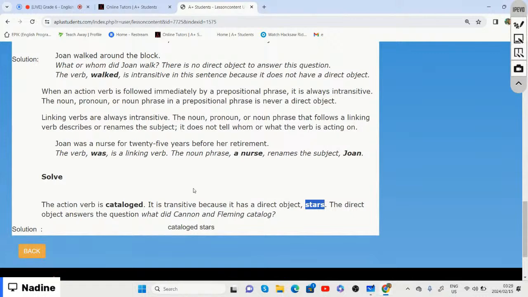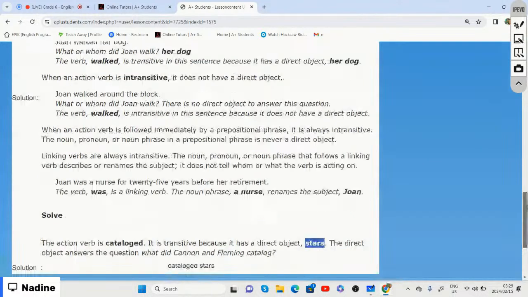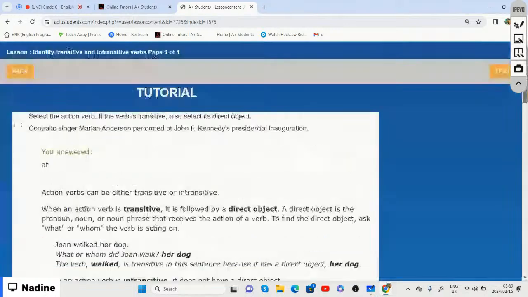Right? So if you can ask yourself the question, what or whom the verb is acting on, then by all means that is a transitive verb. But if you cannot answer that question, then it is an intransitive verb. Then we only select the action verb.